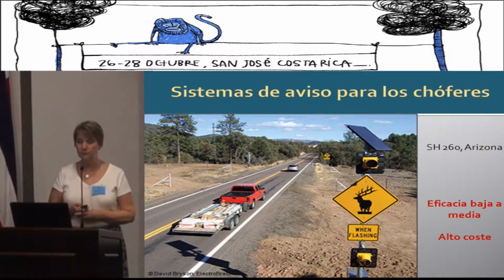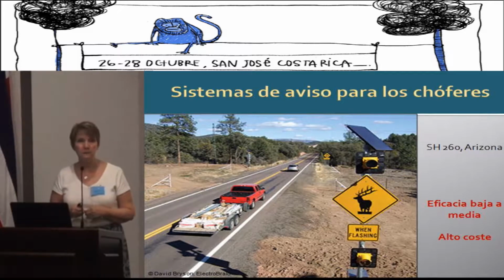Another general system, which is relatively new technology, and it's still being improved and not used in a huge number of places yet, is systems which basically warn drivers that animals are immediately in front of them, or enough to where they will have to pay attention.